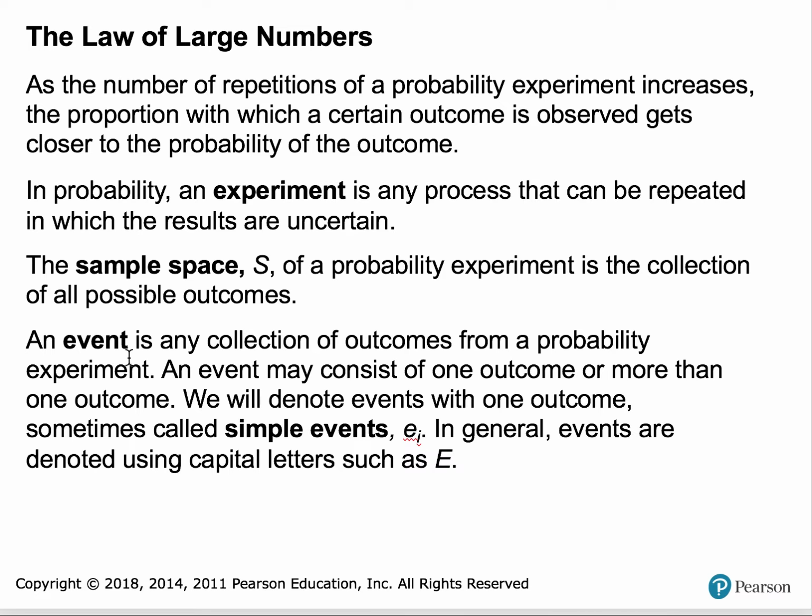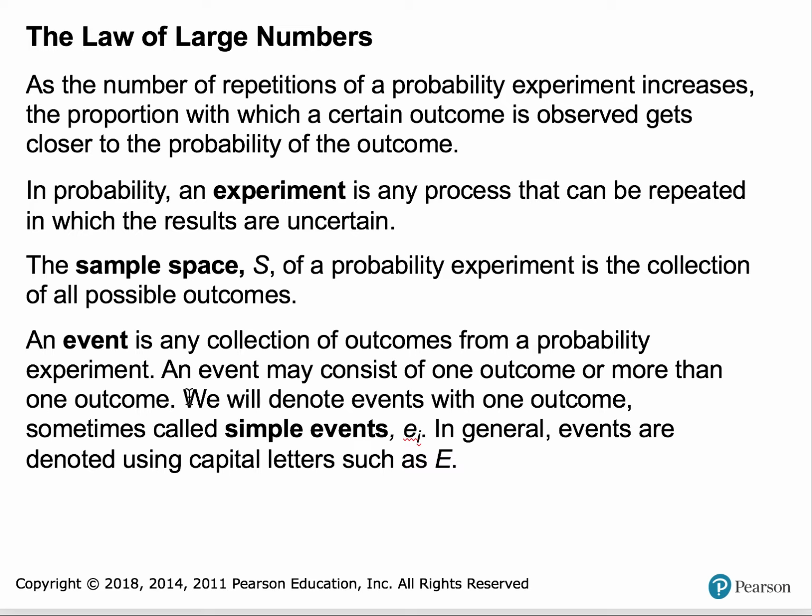An event is any collection of outcomes from a probability experiment. That makes more sense. Okay, so an event is any collection of outcomes from a probability experiment. An event may consist of one outcome or more than one outcome.